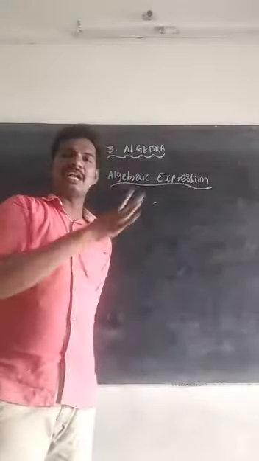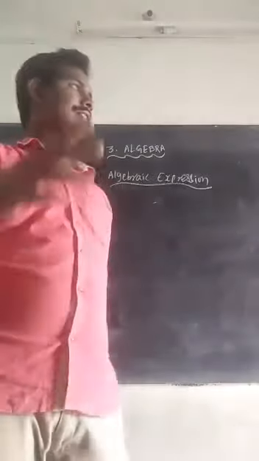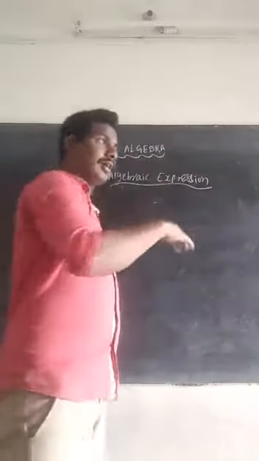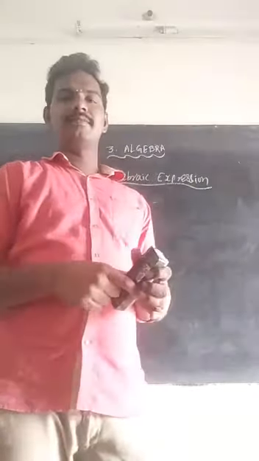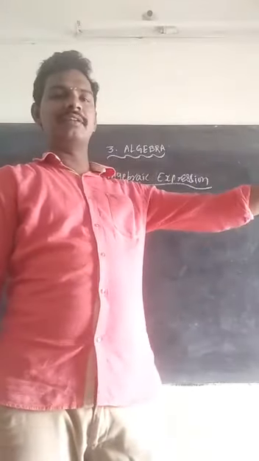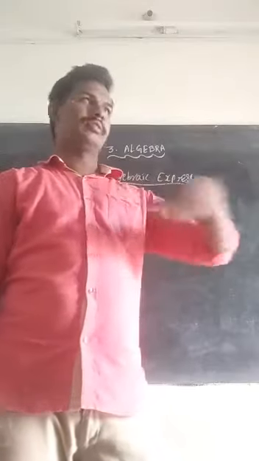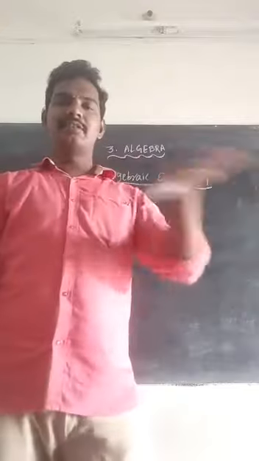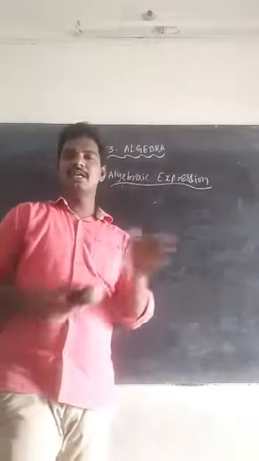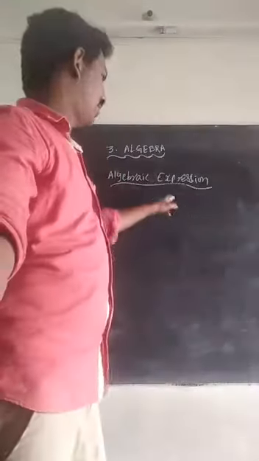Expression means it is continuous. If you see an express train, how are the compartments? All the compartments are continuous, except second class. The remaining first class or AC sections, all the compartments are continuous. So that is called the expression.